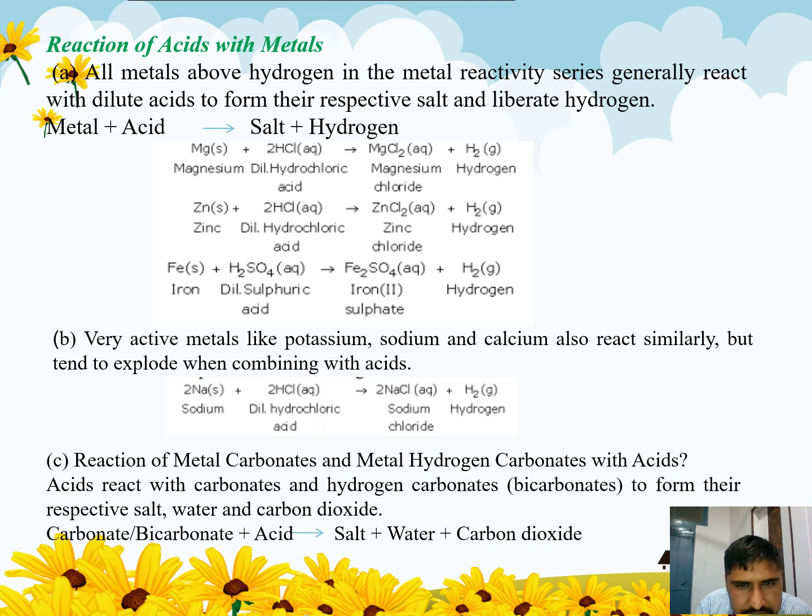Magnesium gives magnesium chloride, that is salt, plus hydrogen gas. Zinc reacts with hydrochloric acid to form ZnCl2 plus H2, because zinc exists in the Zn2+ state. Iron also exists as Fe2+, and gives FeSO4 plus H2.